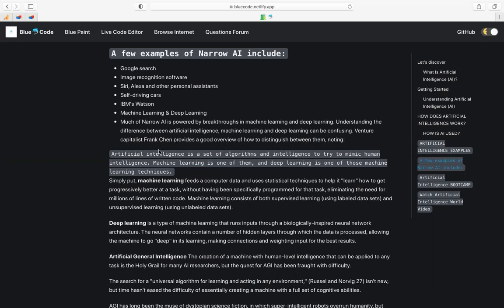techniques. Now, what is machine learning? Today our main focus will be on machine learning. When we talk about machine learning, simply, it is you feeding a computer or a model with data and giving it techniques to be able to learn and make it better at a task.